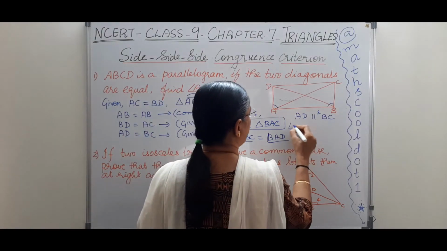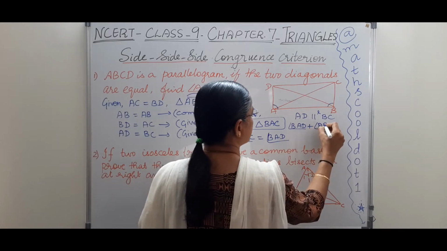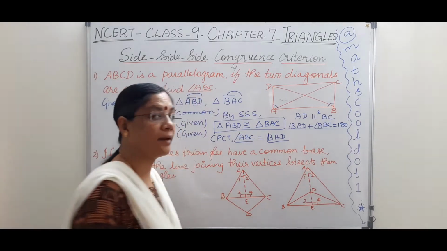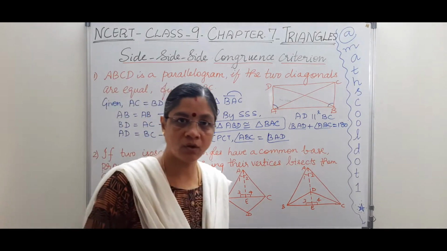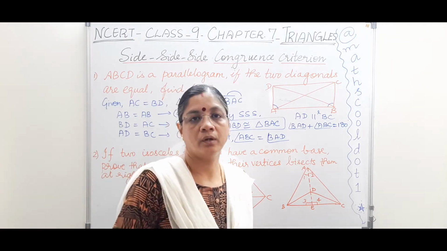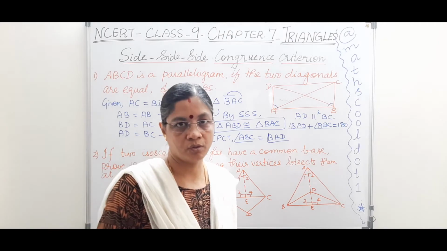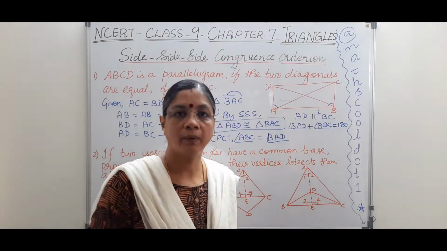So angle BAD plus angle ABC is equal to 180 degrees, because they are supplementary, they are adjacent angles. We have studied all these concepts in lines and angles, so it is better to recall those concepts so that you will understand it better. So now BAD plus ABC is equal to 180 degrees.